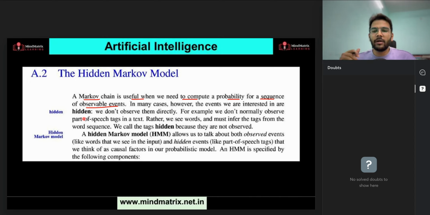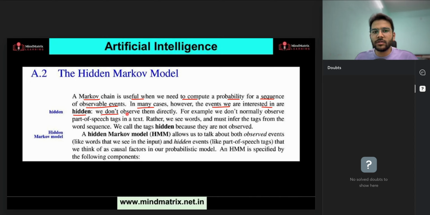So a Markov chain is very useful when we have to compute a probability for a sequence of observable events. In many cases, however, the events we are interested in are hidden. There are many such cases, not just a few, where the events are hidden and we don't observe them directly.